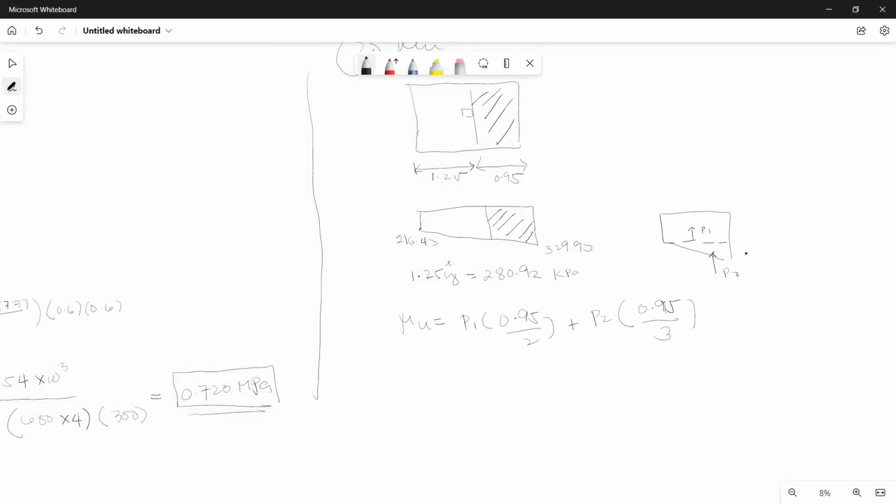So therefore, kunin mo yung P1 and P2. Your P1 is equivalent to 280.92 multiplied mo by 0.95. Ito yung total length na to, 0.95 yung length na to.